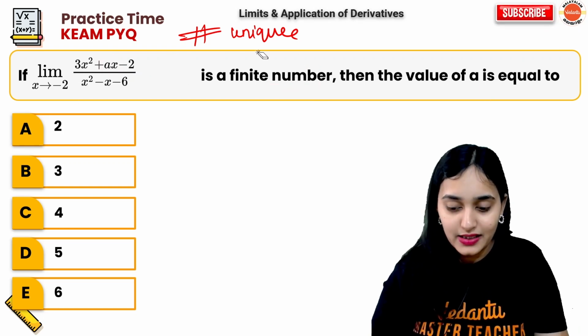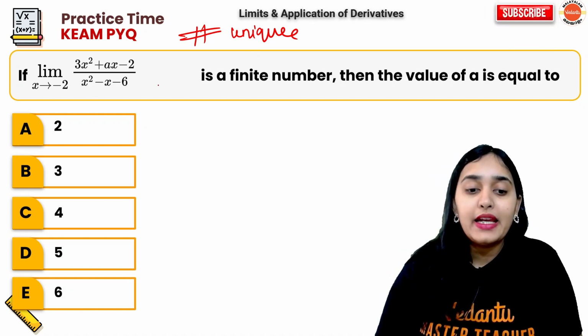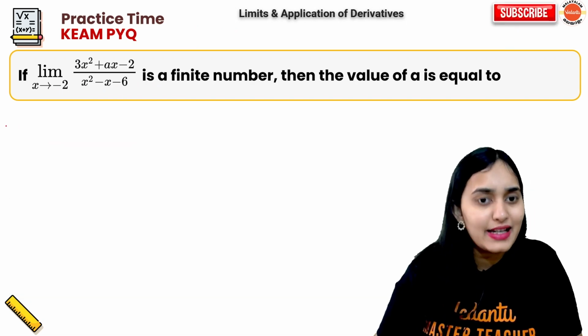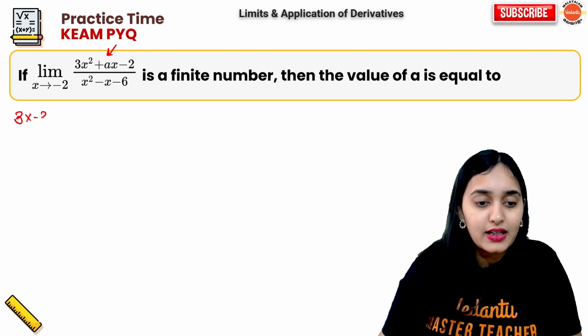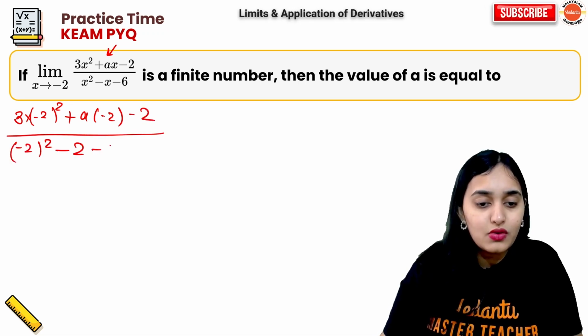So the trick here is, please listen carefully. In the denominator, when I put -2, what am I getting? Let's check. When I put the values here, I get 3 into -2 whole square plus a into -2 upon -2 whole square -2 -6.